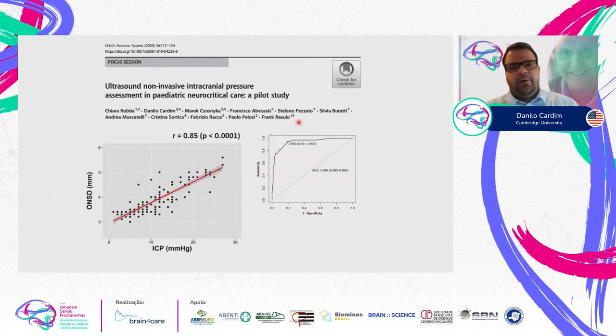And then we also had the opportunity during this time to perform a pilot study in pediatric patients that had concurrent measurement of invasive intracranial pressure and optic nerve sheath diameter. And with this pediatric population, we also observed a very high correlation between these 2 measurements. The only difference here is that the identification of intracranial hypertension is given by a lower threshold, due to the anatomical differences between adult patients and pediatric patients.